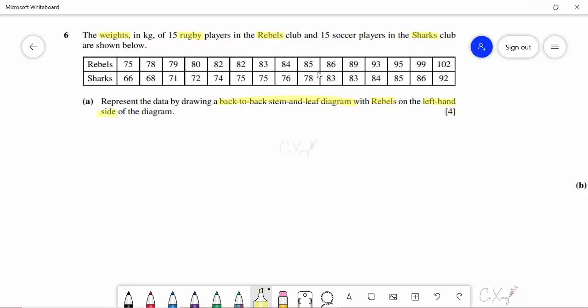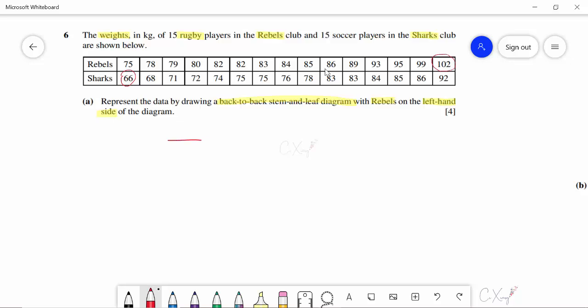Before we start, first of all, we need to decide what our stem is here. So what is the smallest value among all these data? I think they already arranged the values from small to large. The smallest value among all will be 66 and the largest value will be 102.